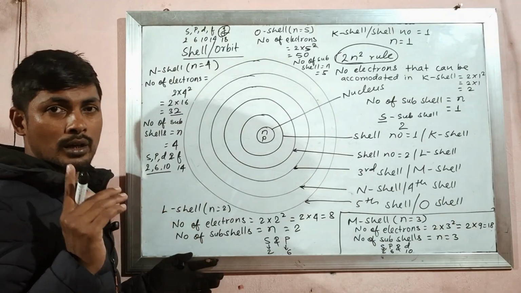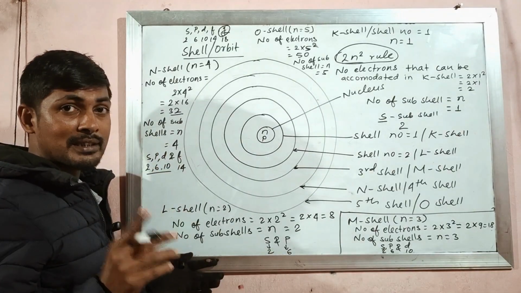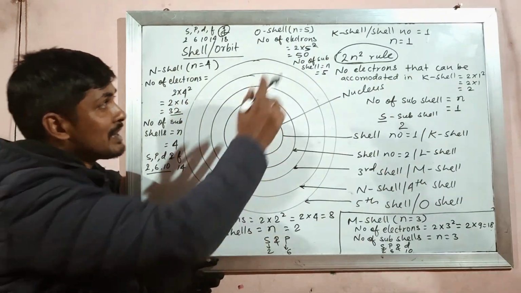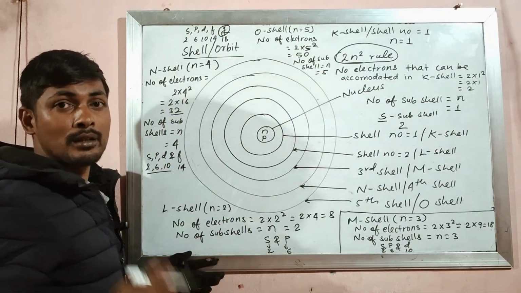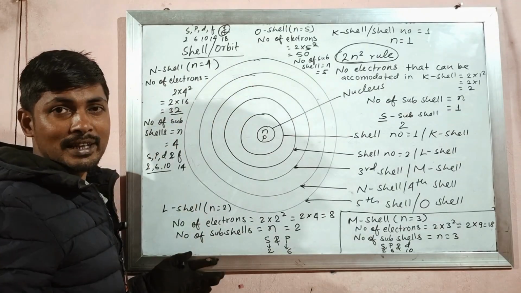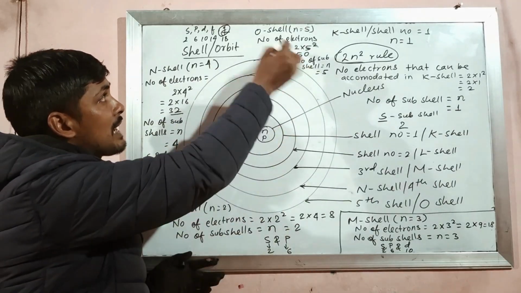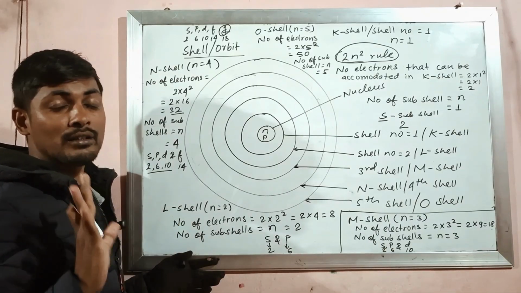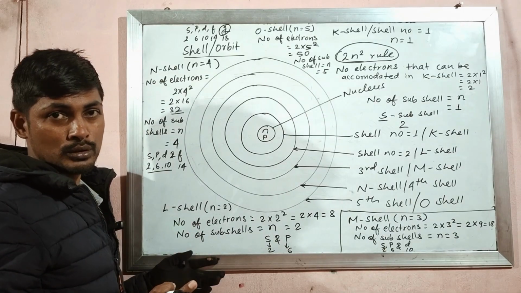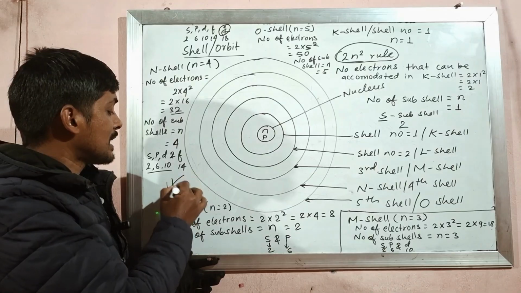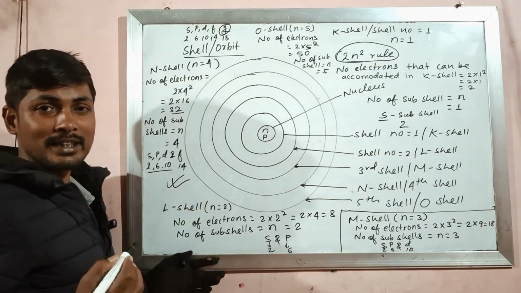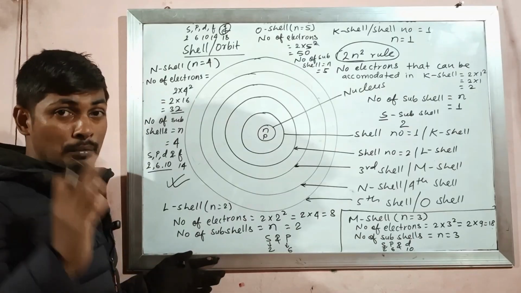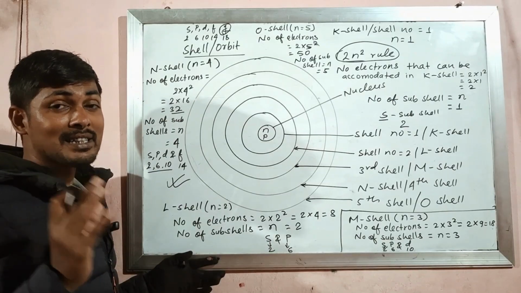So again, I will repeat one thing: in the fifth cell, theoretically it can hold 50 electrons because it has the G subcell also, but practically it is not found till now. So if we remember up to the fourth cell, then it is enough to write the electronic configuration of any element that exists in reality.